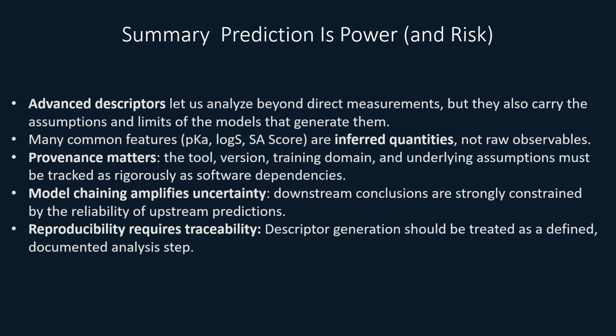So their meaning depends on provenance, the tool, version, training domain, and assumptions behind the calculation. So when models are chained together, uncertainty accumulates. You can easily imagine this, right? So downstream conclusions are therefore constrained by the reliability of upstream estimates.